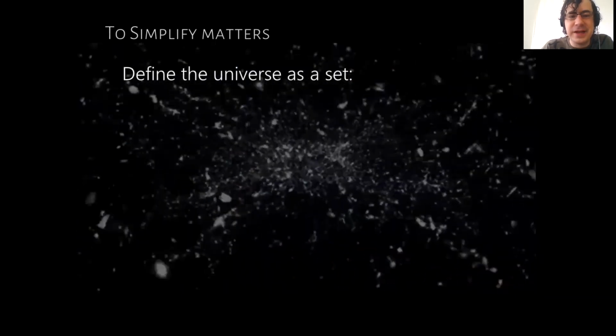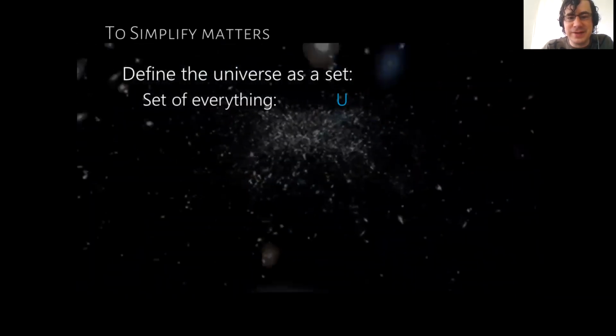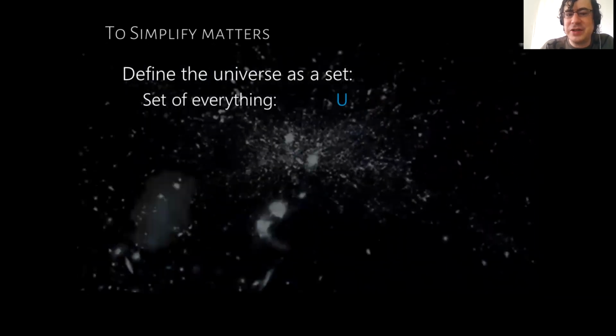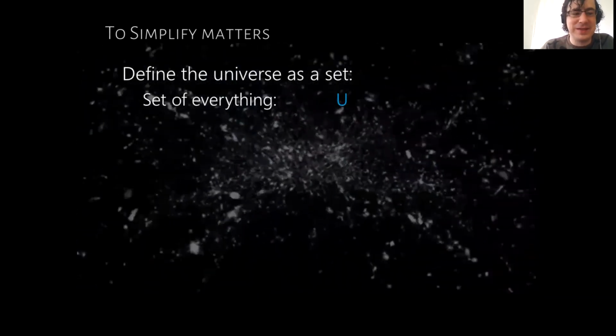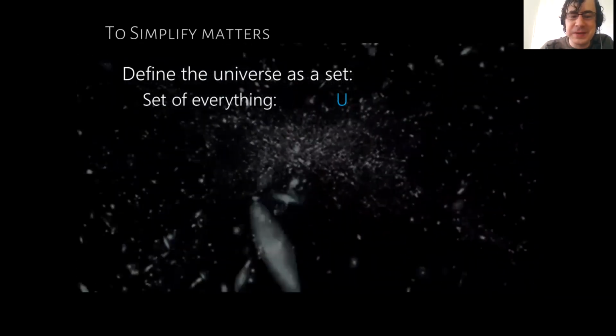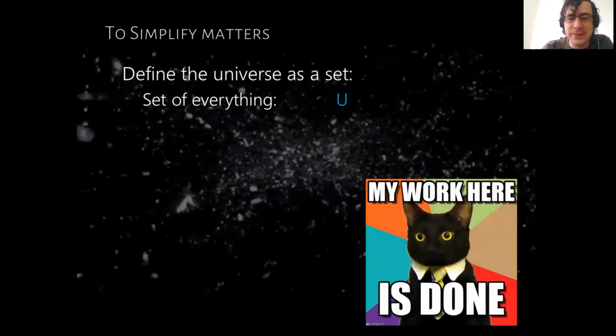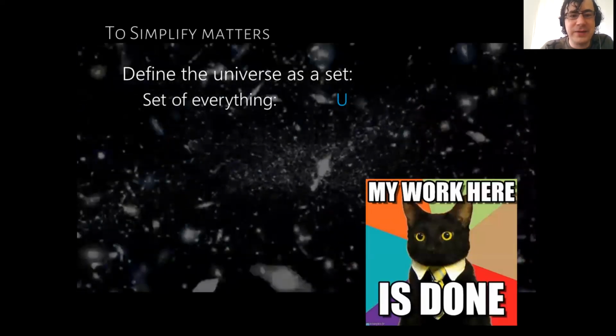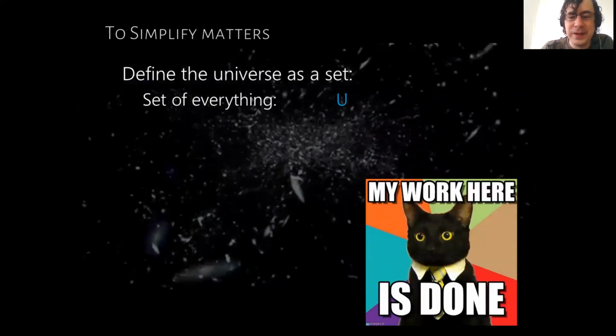Essentially the universe is the set of everything. It's U, an abstract set that has all of the things in there that we might want to describe. So that was easy. We define the universe as a set of everything, U.